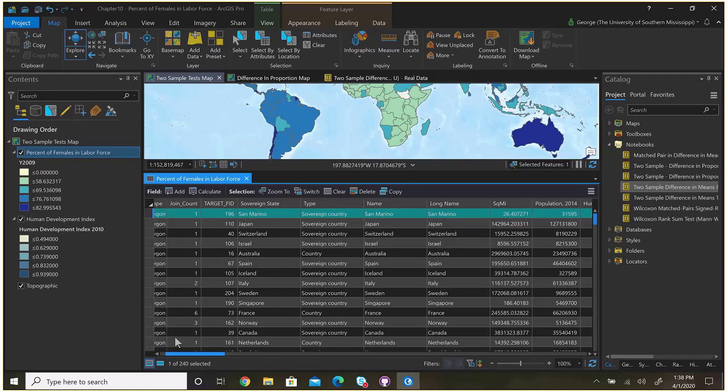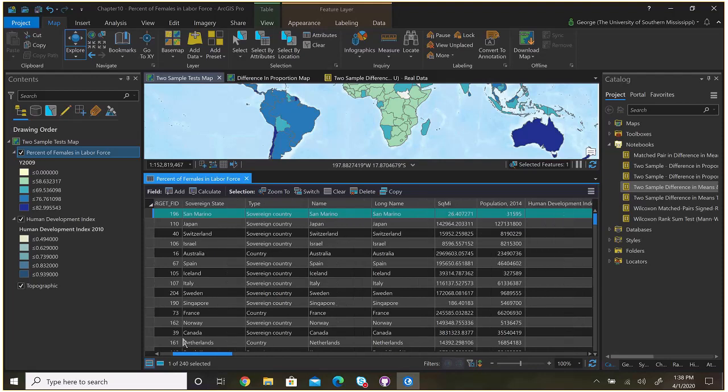Okay, San Marino's a little microstate in Europe. That has the highest. So we give San Marino a value of 1. We give Japan a value of 2. Switzerland a value of 3 because it's the third highest percentage of females in the labor force. So you can go down through here.